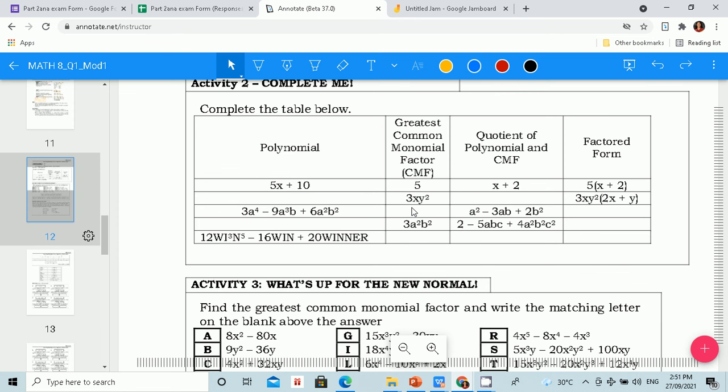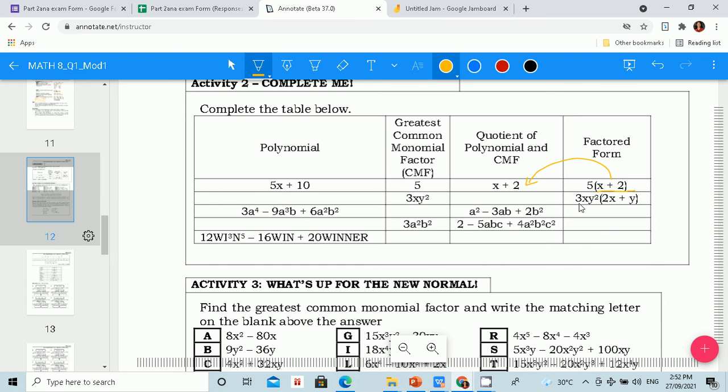Now if we have 3xy squared as our GCF, then our factored form is 3xy squared times 2x plus y. So for sure, class, remember that this x plus 2 is the quotient of the polynomial and the GCF.